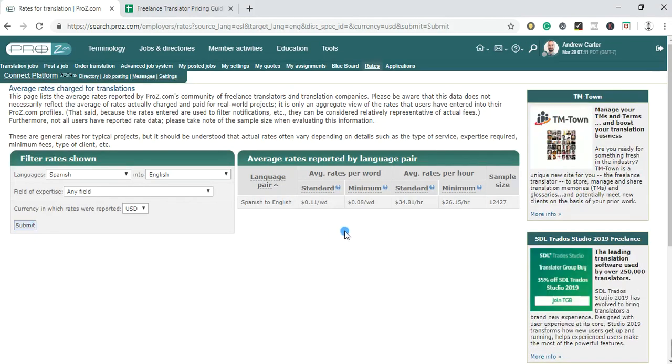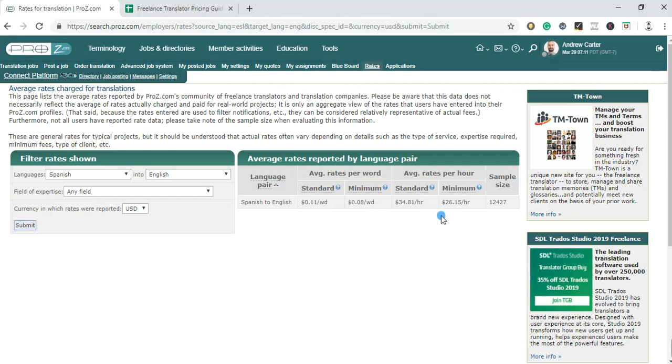So as you can see, we have two sections. We have rate per word, which to me is how most translation agencies, 95% of translation agencies work, by word. And you can see the standard here is 11 cents per word, and the minimum, so this is the minimum that people are willing to accept, is 8 cents per word.